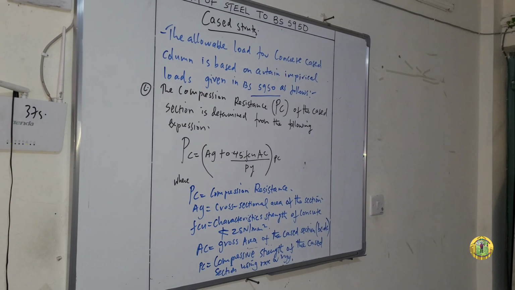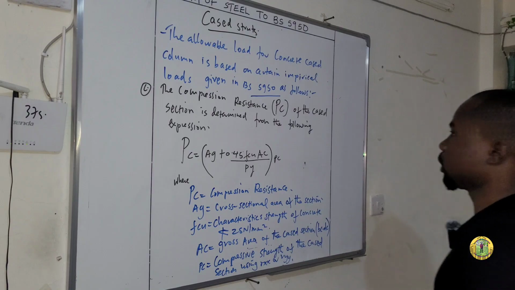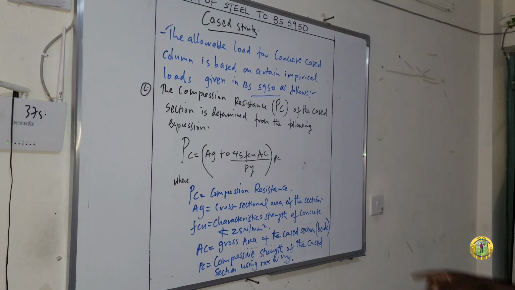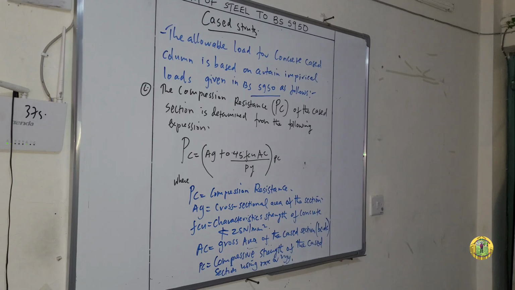Let's proceed to C. So we now proceed to C. The compression resistance, which is capital PC of the cased section, is determined from the following expression.